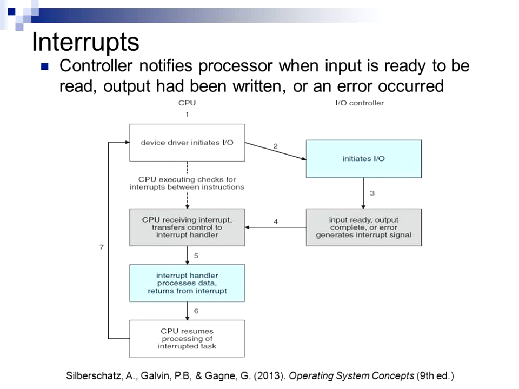where the CPU has an actual wire, an interrupt request line, that the CPU senses after every instruction. So let's say that the CPU said to do some I/O.